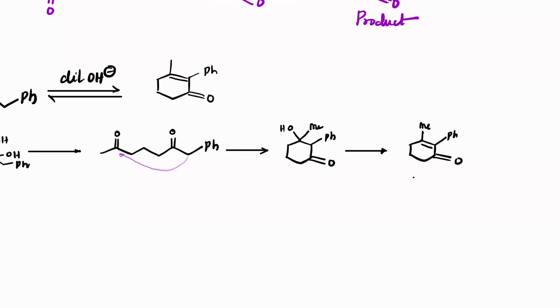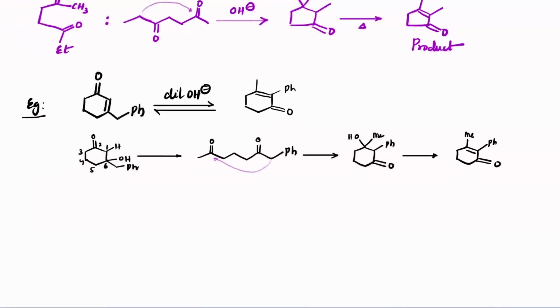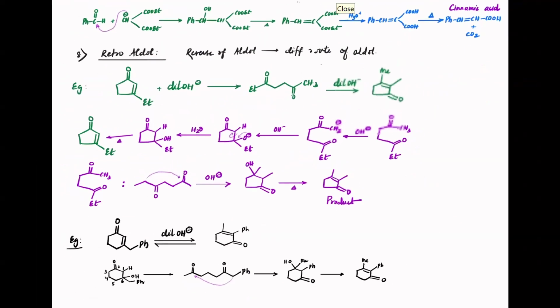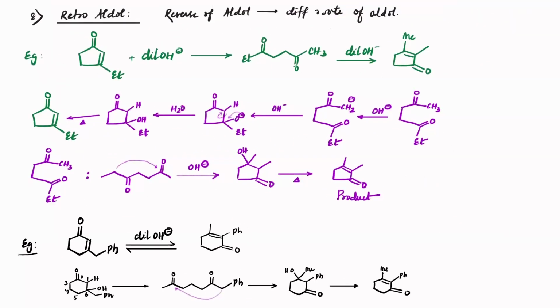So this is the other form of aldol. Okay, and aldols are interconvertible, correct? So from one side to the other side, it can keep moving. Got it? I guess you guys understood this part, how to get the retro aldol part, right?